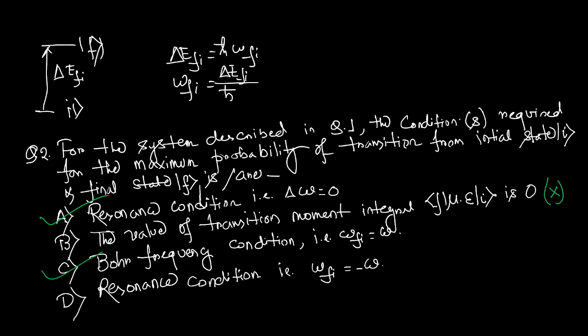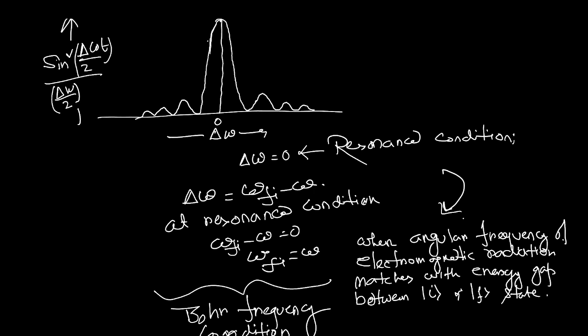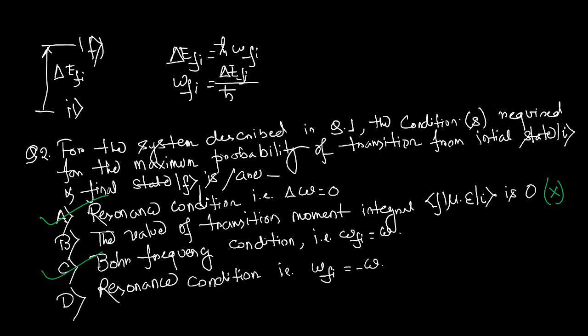That means the energy gap between two states is equal to the angular frequency of electromagnetic radiation. And we found that at the resonating condition or Bohr frequency condition, omega FI is equal to omega. So this one is also not correct, the negative sign is there. Okay, so this is the answer of the first two questions.